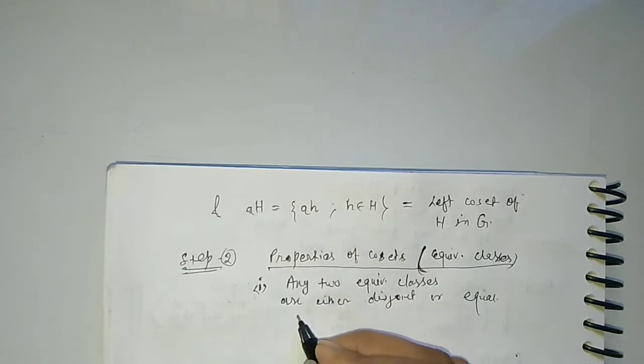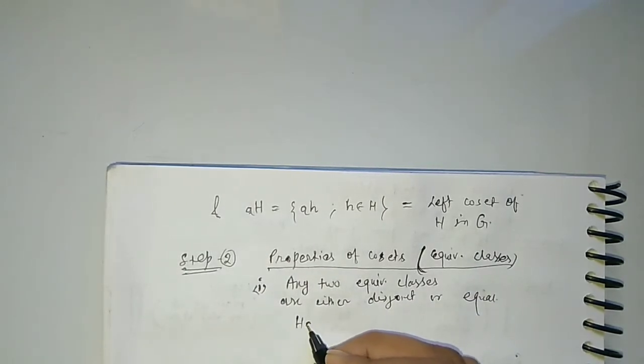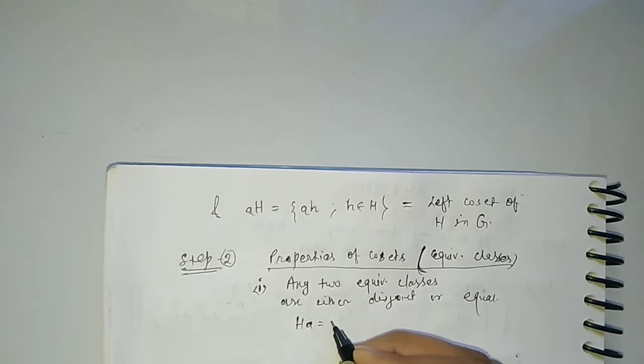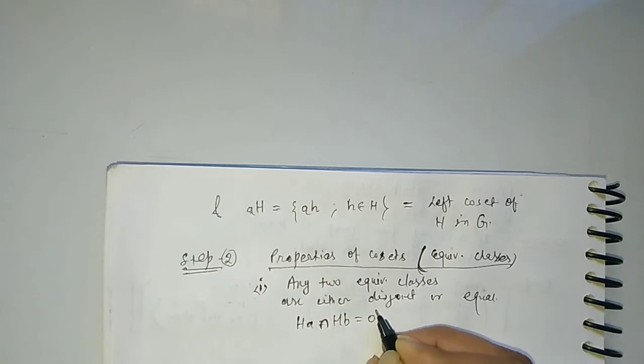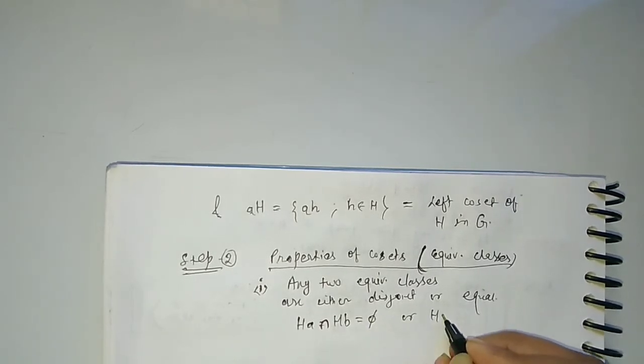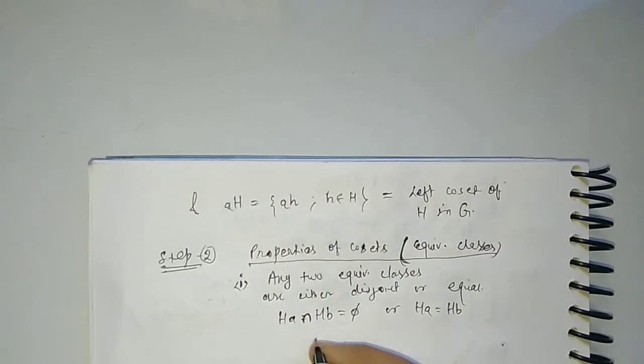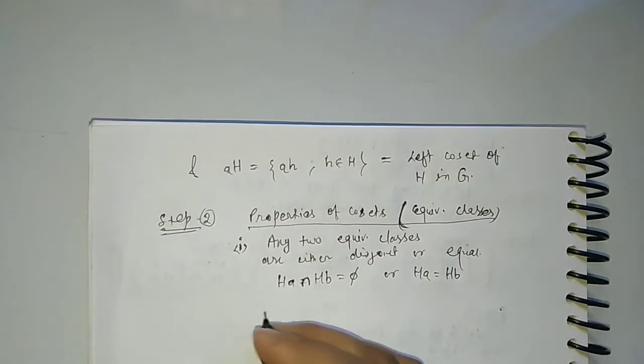That means if HA and HB are two cosets, then either HA intersection HB is equal to phi, that means they are disjoint, or HA is equal to HB. So for any two cosets, either they are disjoint or they are equal. So this is property number 1.